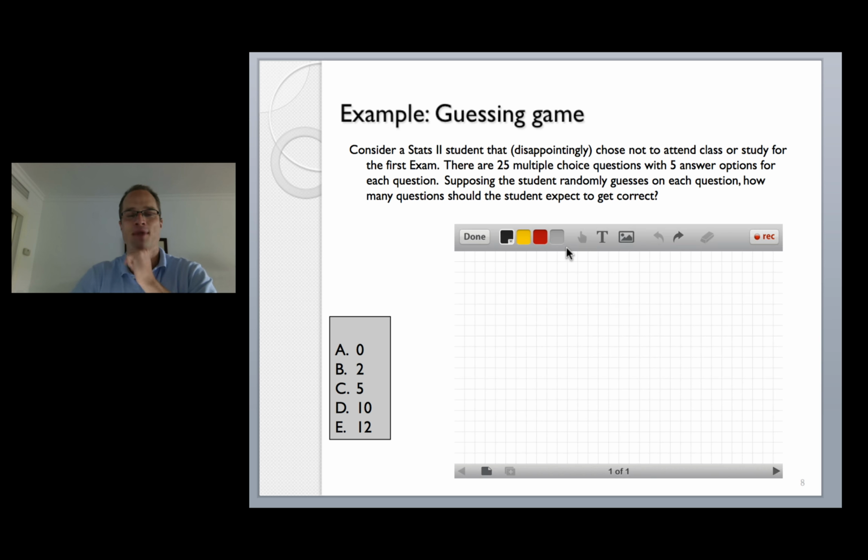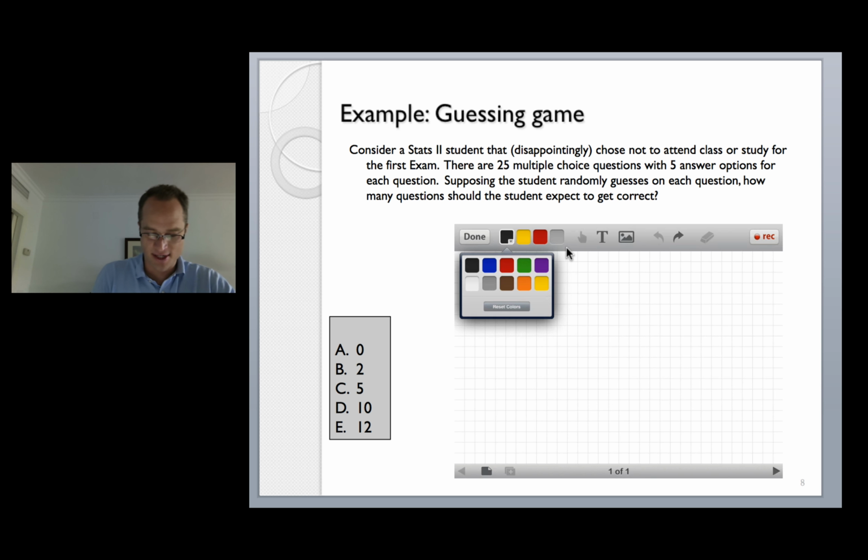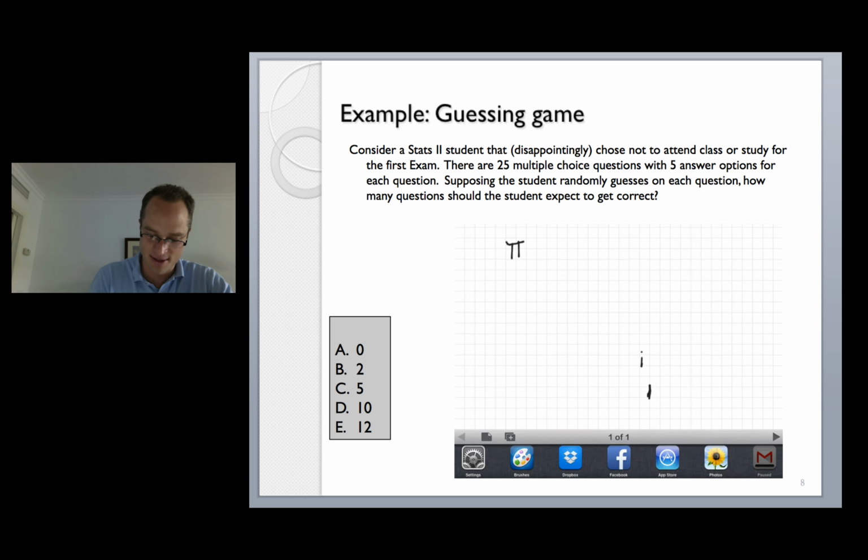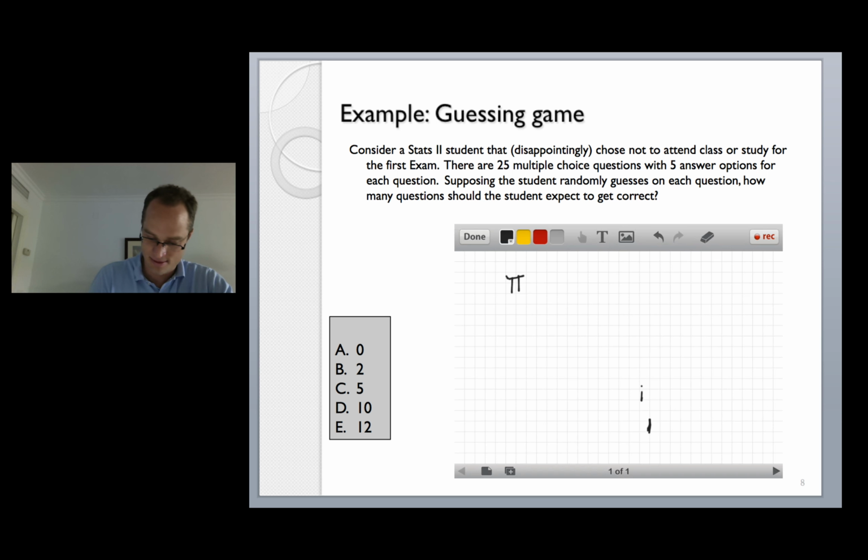Expect to get correct? Well, if the student didn't study and knows nothing about stats, and indeed was just guessing, then the probability that that student guesses correctly is 1 over 5, or 20%, 0.2.